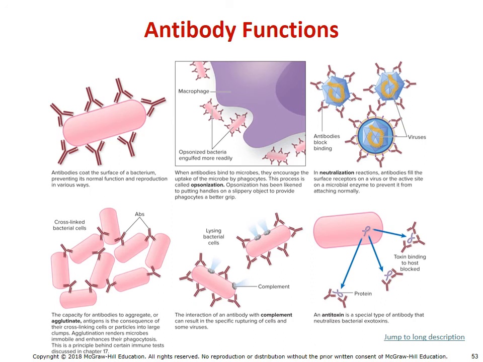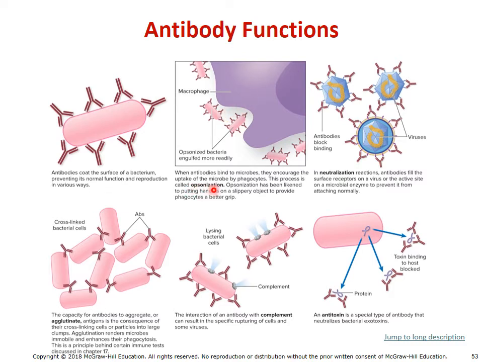But let's talk now about how antibodies really function. To make it super simple, all antibodies actually do is stick to antigens. And it's the exact antigen that the B cell from which it came was looking for. Notice there are outcomes based off of how the antibody attaches to the antigens. In this situation, all we did was cover the cell with a bunch of antibodies. But by covering the cell with antibodies, that now promotes things like phagocytosis by macrophages.